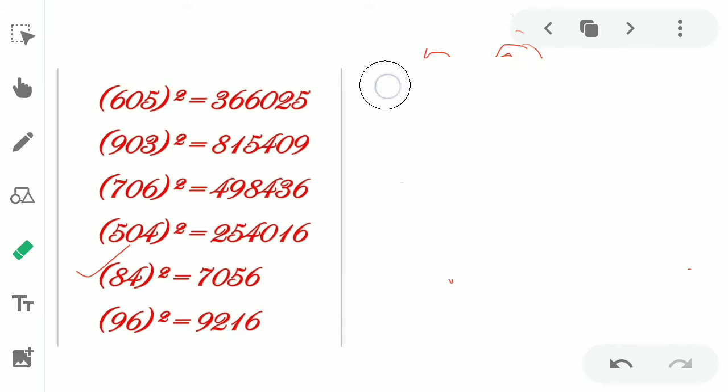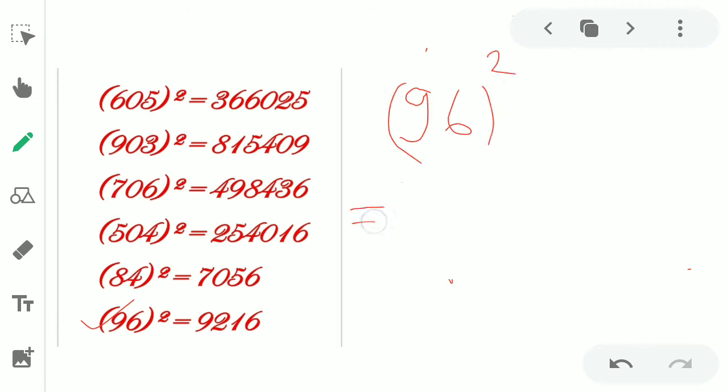Similarly, we can find the square of 96 using this technique, which is a 2-digit number. Square of 96 is equal to, first of all, we will write the square of 9, which is 81, square of 6, which is 36. We multiply both these numbers. 9 times 6 is 54.